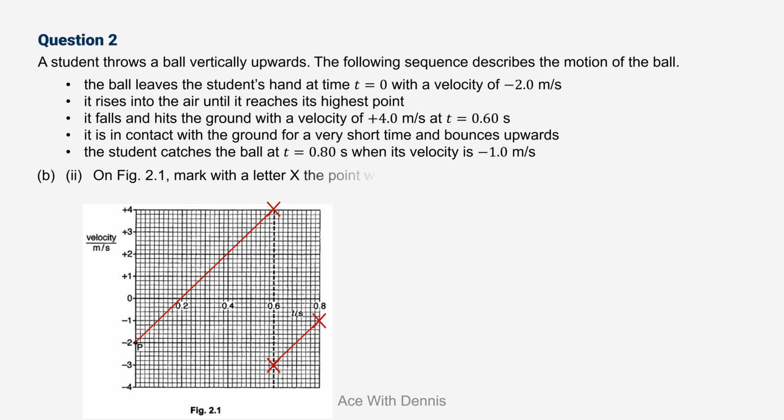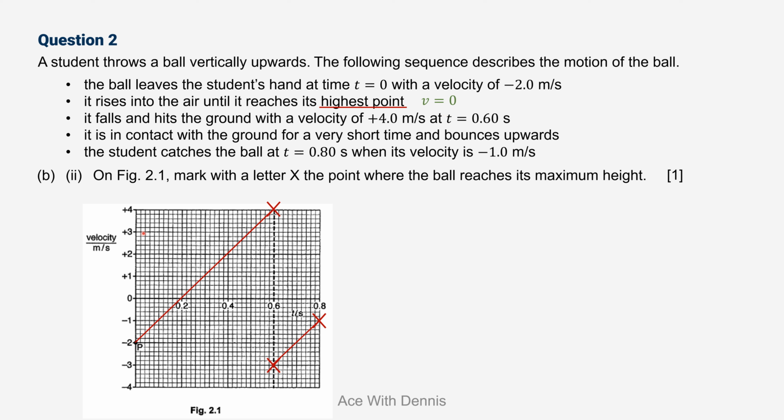Part 2. On figure 2.1, mark with a letter X the point where the ball reaches its maximum height. 1 mark. This is described in point number 2. It rises into the air until it reaches this highest point. When it reaches the highest point, as I mentioned just now, the velocity equals 0.